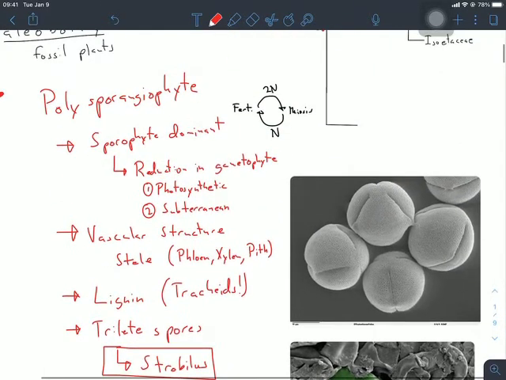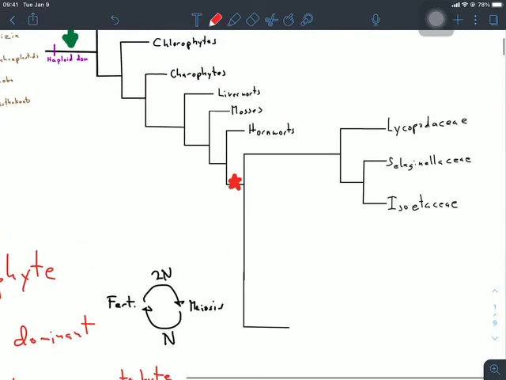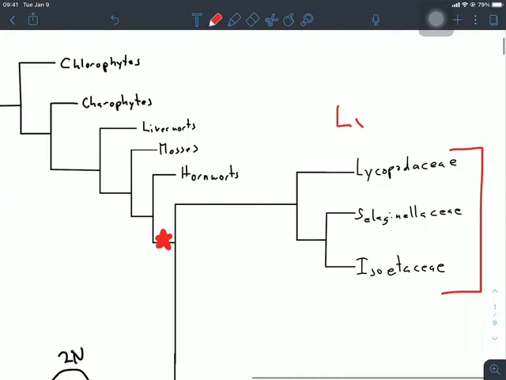Now, looking back at our tree of life, we'll talk about some of these changes that occur within our first diverging group, the lycopods. Now, there are still several different living lineages of lycopods on planet Earth within the family Lycopodiaceae, Selaginellaceae, and Isoetaceae.